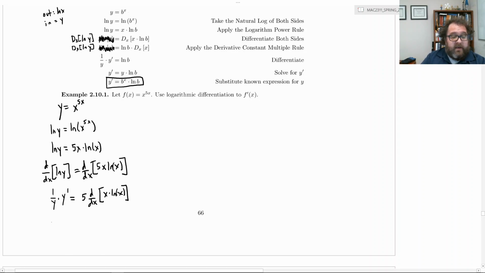And then, let's actually apply, so I'm going to leave the left-hand side alone. It's done for the time being. But now I'm going to apply the product rule. x times natural log x is a product. So we need to take the derivative of the first function times the second function plus the derivative of the second function, which is natural log x, times the first function, x.